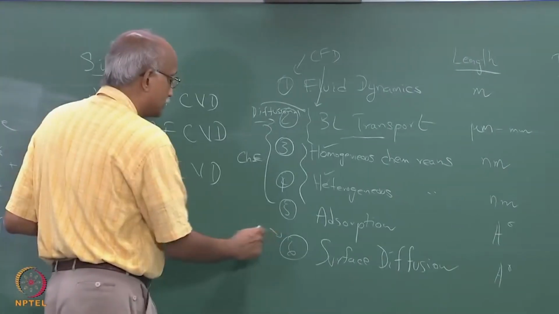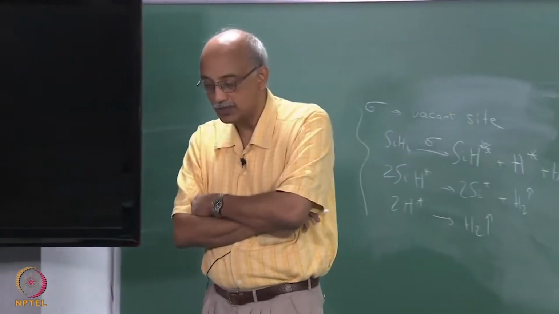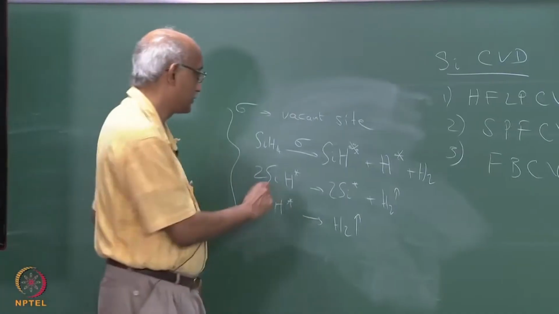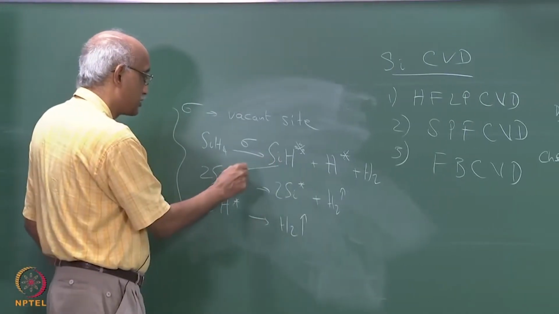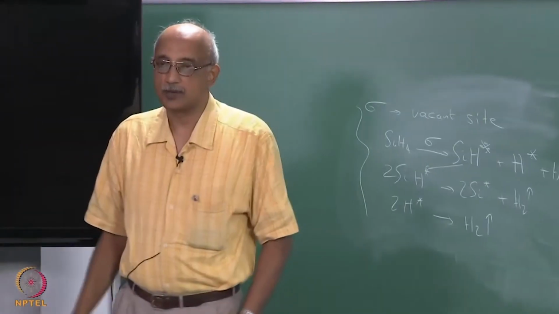And then you have surface diffusion as well. Now, surface diffusion, as I was saying, plays a major role in how this happens, because for this step, SiH star going to 2 SiH star requires diffusion to happen.